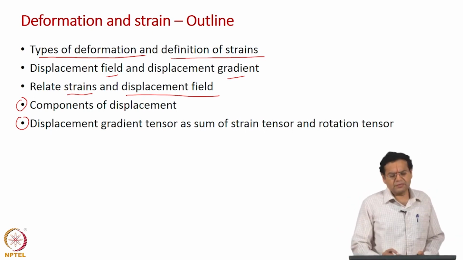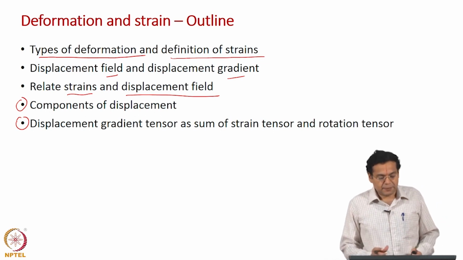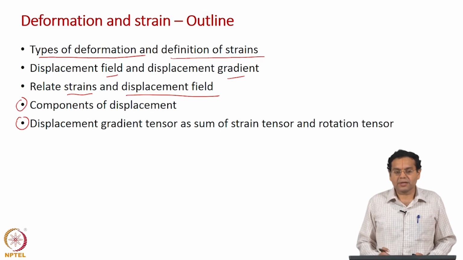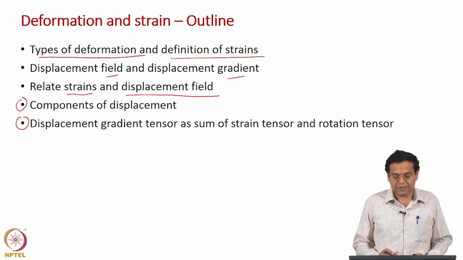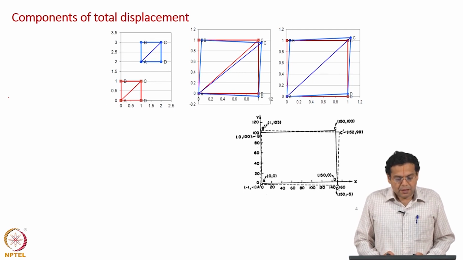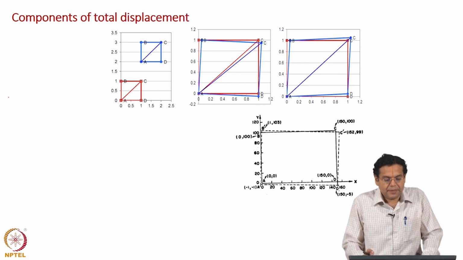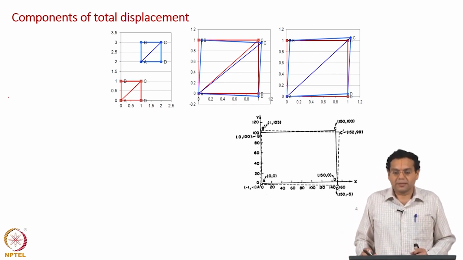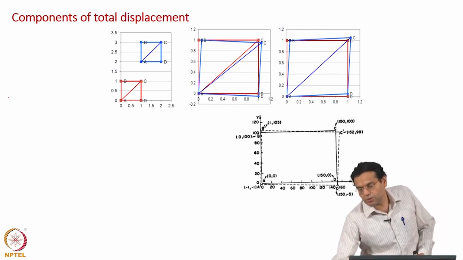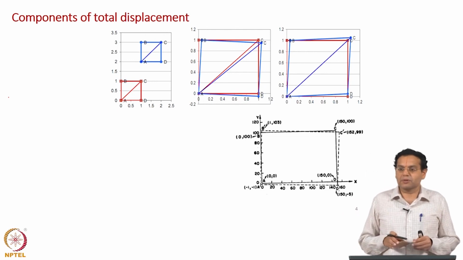The motivation for splitting this displacement gradient into strain and rotation we will discuss later towards the end of this lecture. Now we look at the title, it says total displacement. When I say displacement, it means change in coordinates, that is all it means, nothing more than that.